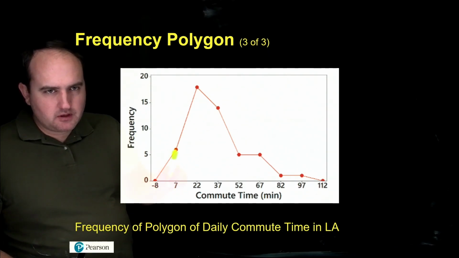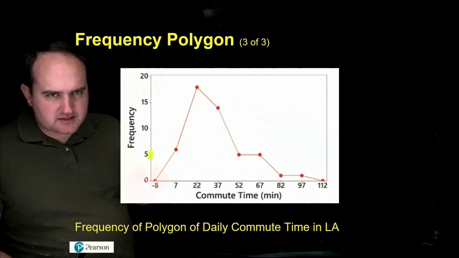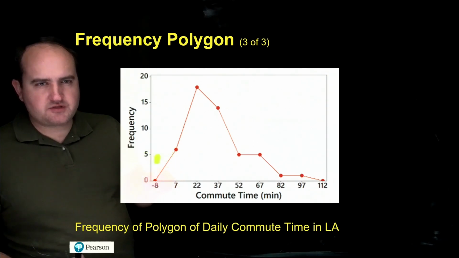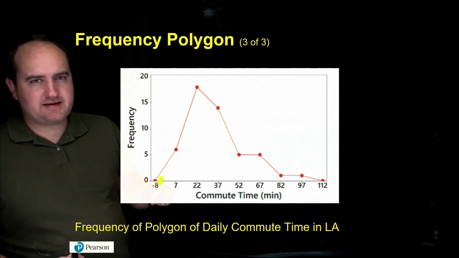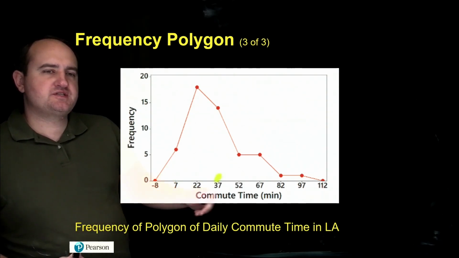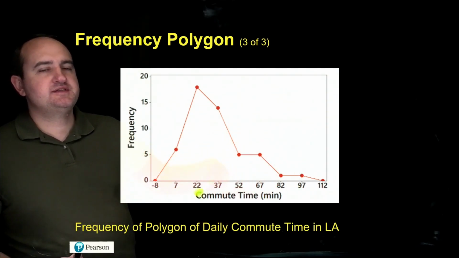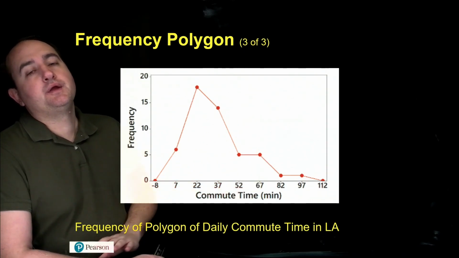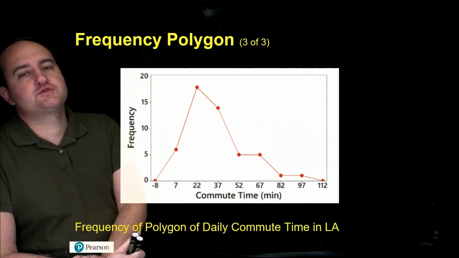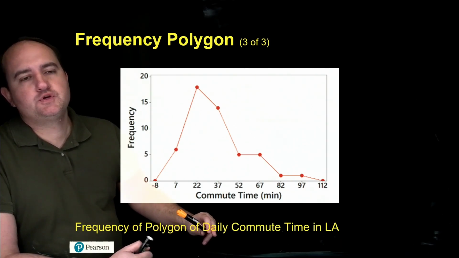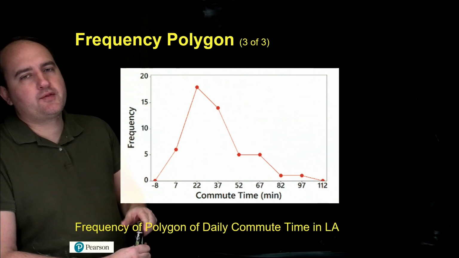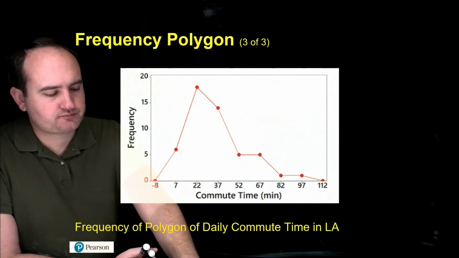So if I look at this first dot, that looks like 6 is the frequency of the first class, and the class midpoint for that first class is 7. And this is actually the same exact data that we used in 2.1 when we were constructing our frequency table from scratch using the commute times from LA that are taken out of our book.